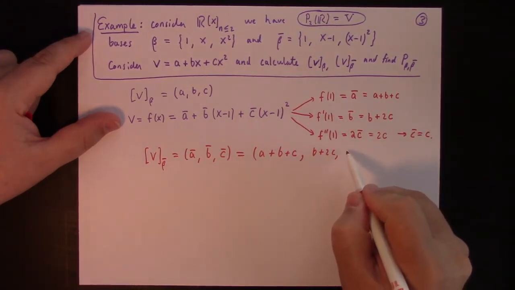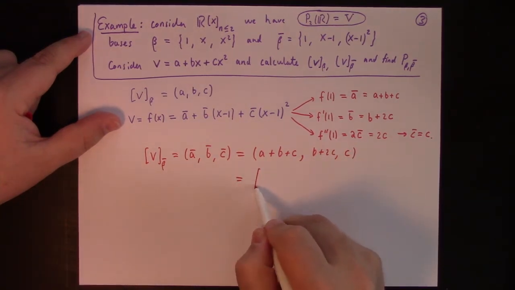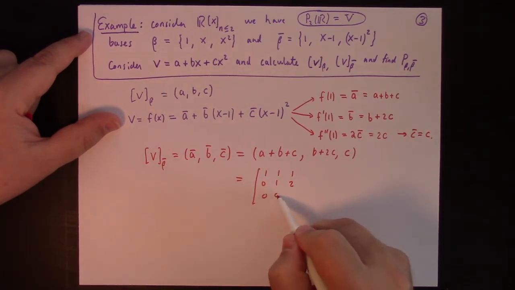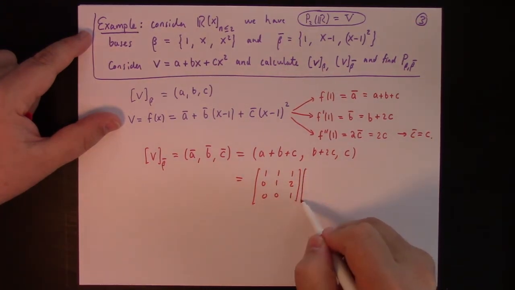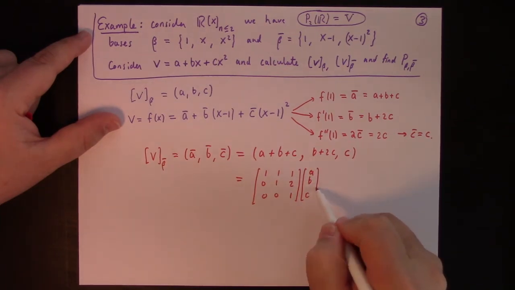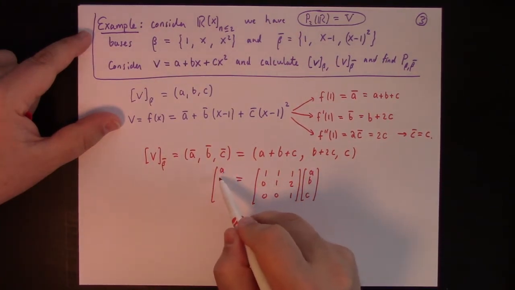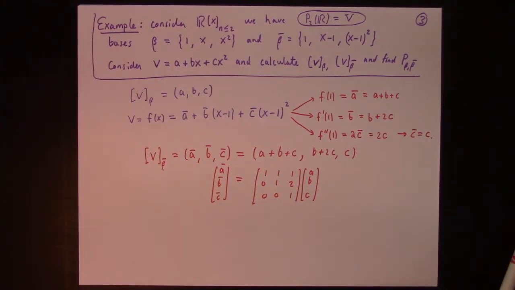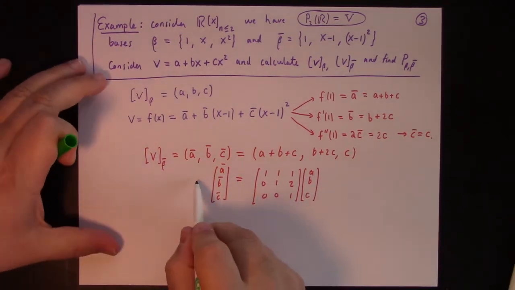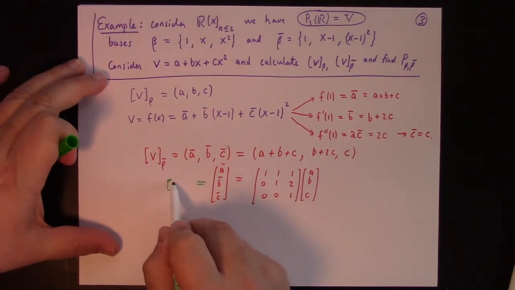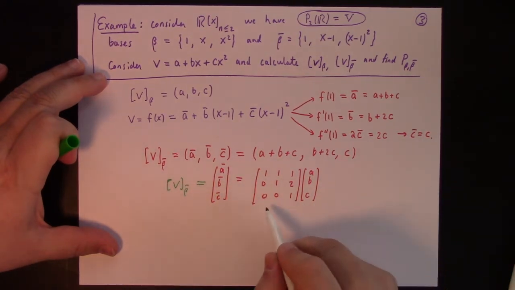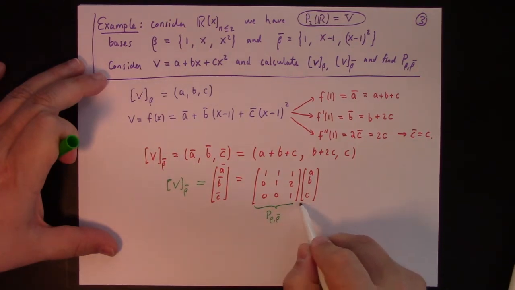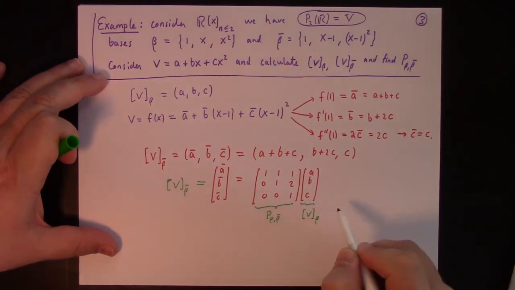Now I can rewrite that as the matrix with rows 1, 1, 1; 0, 1, 2; and 0, 0, 1, times (a, b, c), which gives me (a bar, b bar, c bar). On the left, we have the coordinate vector of v with respect to the beta bar basis. Over here we have the change of basis matrix P beta beta bar, and this is the coordinate vector of v with respect to the beta basis.